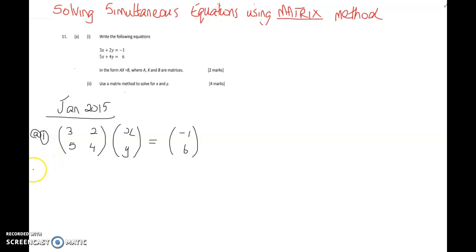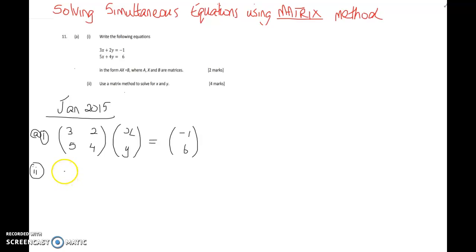So now for part 2, it says use the matrix method to solve for x and y. Now, if you think about when you're solving simple equations in algebra, you want to remove everything that's next to the unknown, everything that's next to the letter, and move it from whatever side it's on to the other side.